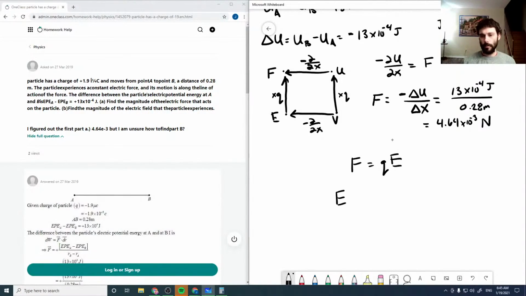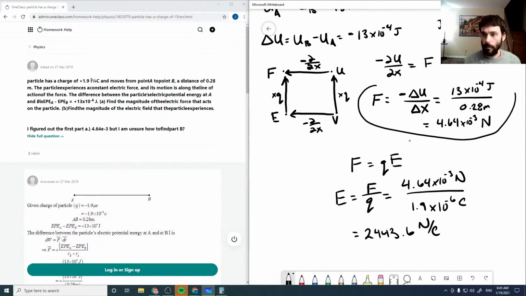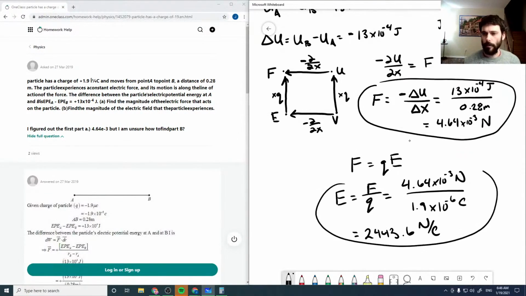So then E is F over Q, which is just 4.64 times 10 to the minus 3 newtons over our charge, which is 1.9 times 10 to the minus 6 coulombs, which comes out to be 2,443.6 newtons per coulomb. Okay, and so there's our force and our E field.